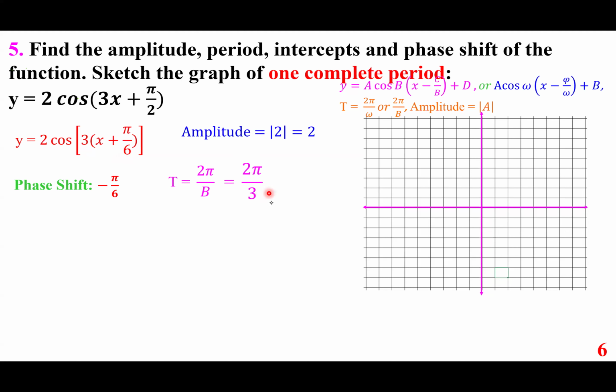We cut the period in 4 equal parts because we want to go with 4 arcs. And 2 pi divided by 3, that means 2 pi divided by 12 or pi divided by 6.